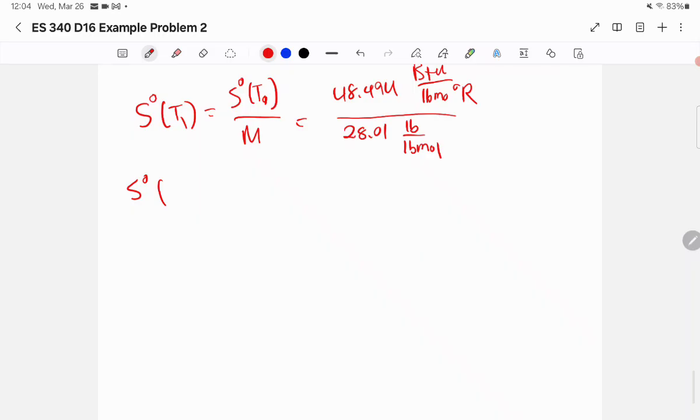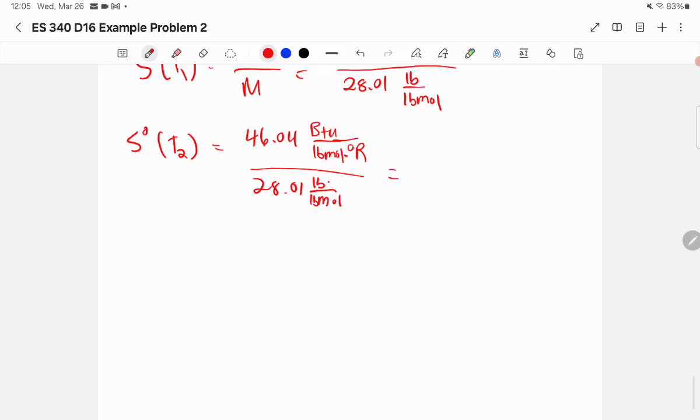Similarly, S circle of T2, let me just make sure I'm reading the right value here, is 46.04 BTU per pound mole times degree R divided by, again, 28.01 pound per pound mole.